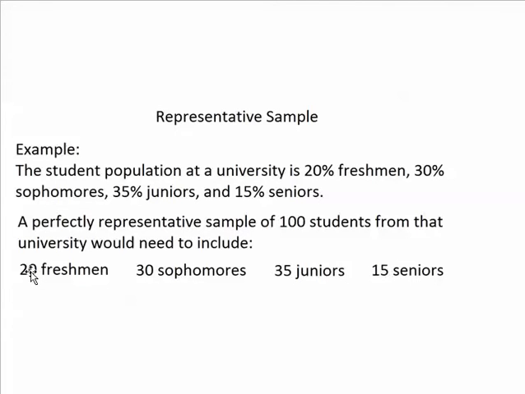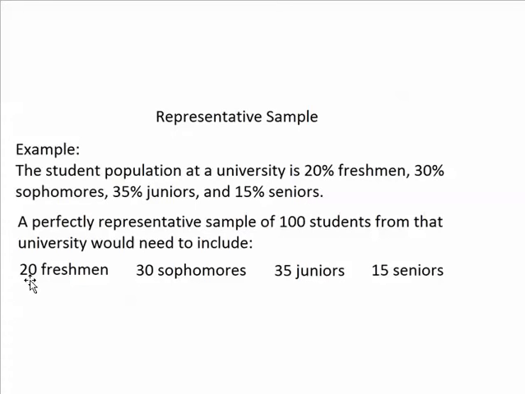For example, if this was 19, if this was 32, and this was 37, and this was 12, the sample would still be pretty representative, but it wouldn't be perfect because it would no longer perfectly match the population.